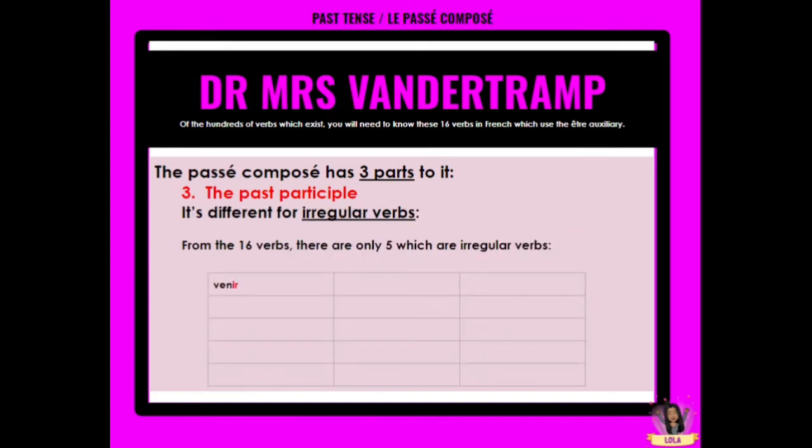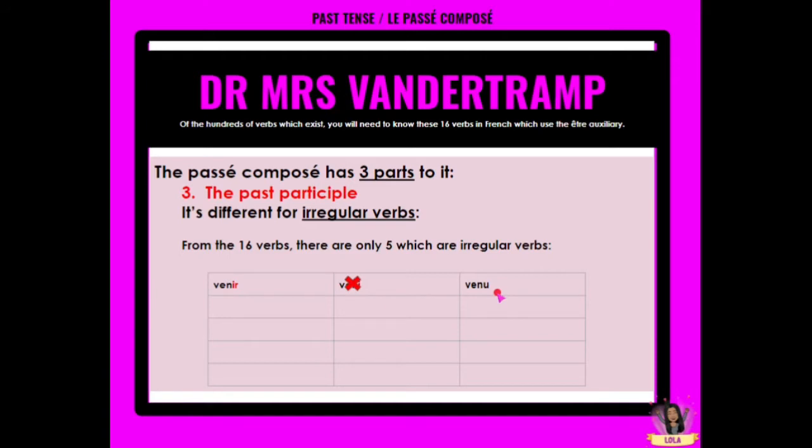So, venir becomes not veni, but venu. Again, remember that initially we think that the IR becomes I, but it doesn't because it's irregular. So it does not become veni, it becomes venu.